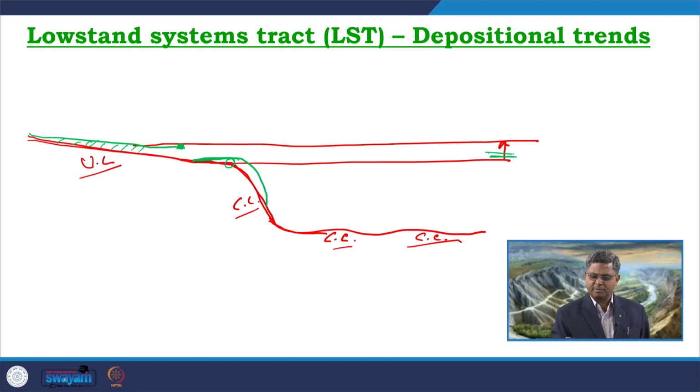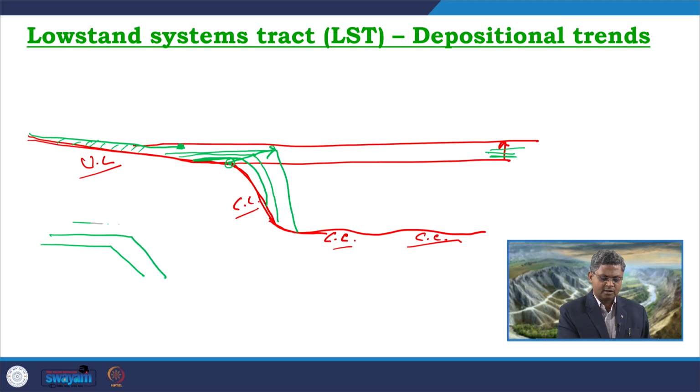For the next level of rise, the fluvial system will be developed like this, and the delta front, or the sediments, will be deposited over here in the form of clinoforms. For the third level of rise, we will get the fluvial system coming over here and the clinoform forming like this. So, effectively the shoreline is gradually moving in this direction. It is like the first level, the second level, the third level, and it goes on like this.